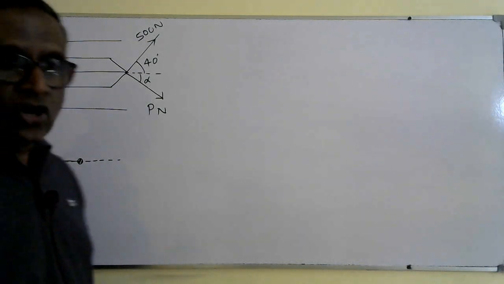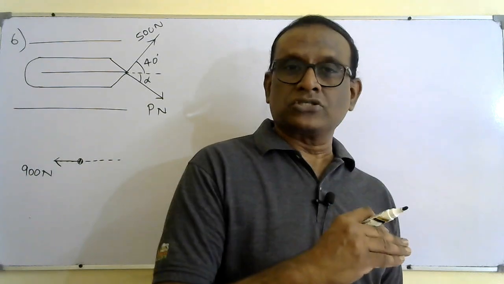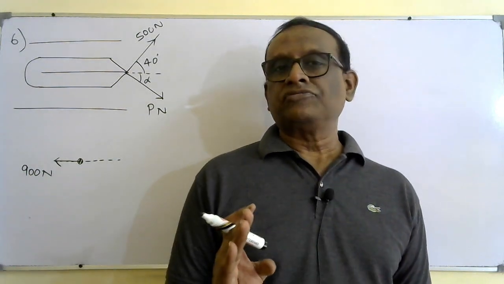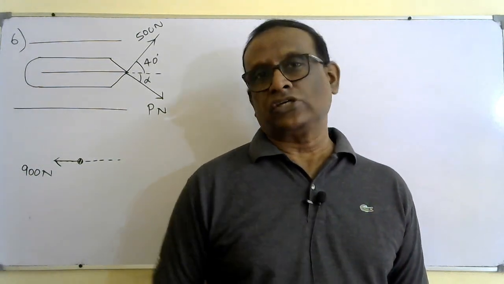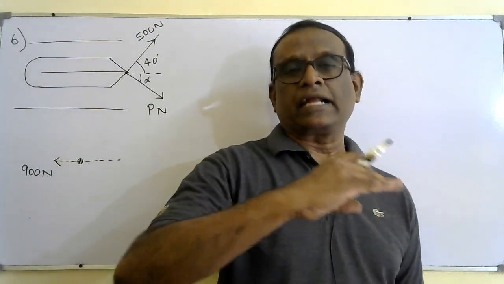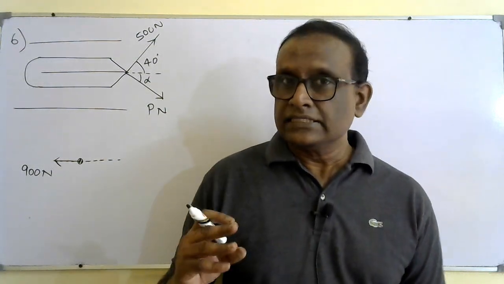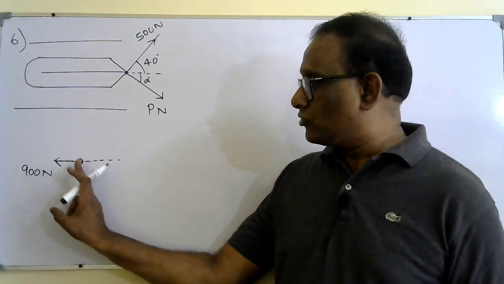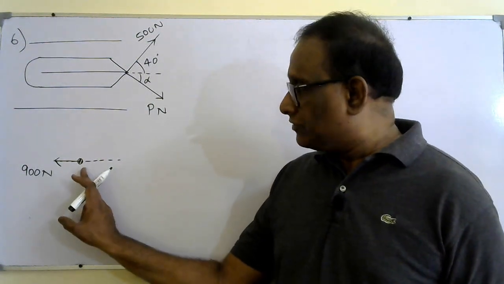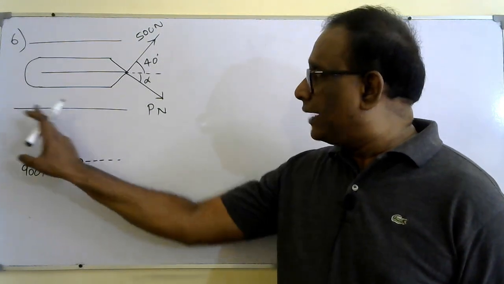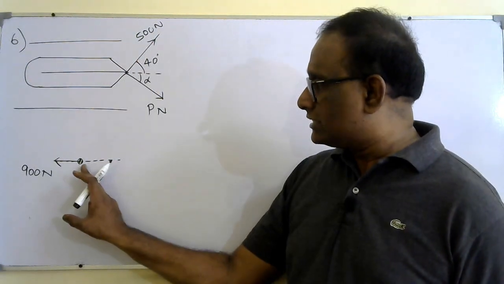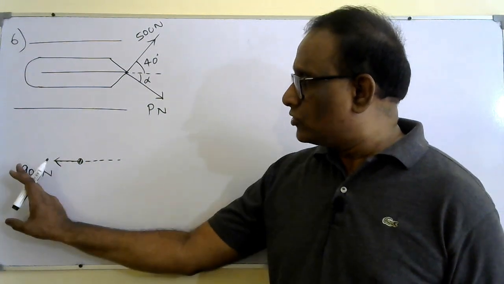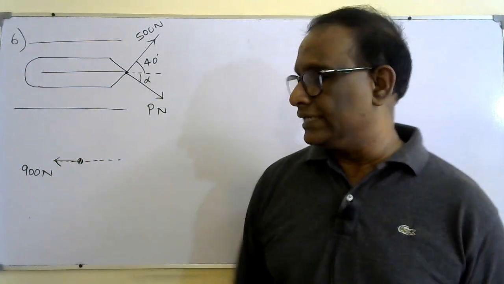Because the boat is moving horizontally, the resistive force will always be opposite to the direction of motion. Velocity is parallel to the river bank, and the river bank is horizontal, so the resistive force will be on the same line, in the opposite direction.